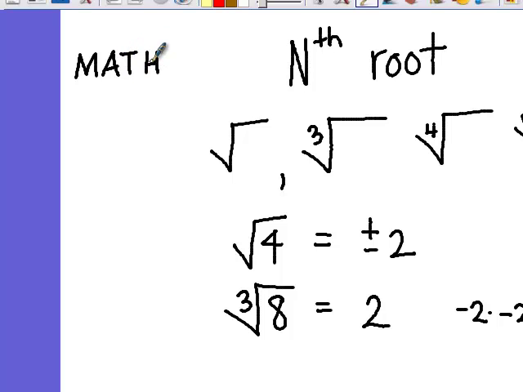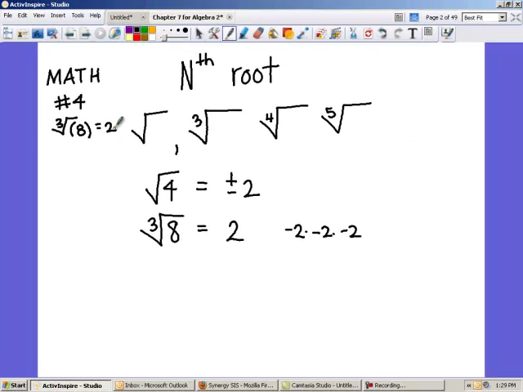So we're going to push math, and if you scroll down to number 4, you will see the cube root symbol. When you push enter, something like this comes up. For example, you could put 8 in there, and when you hit enter, you'll get the answer of 2.